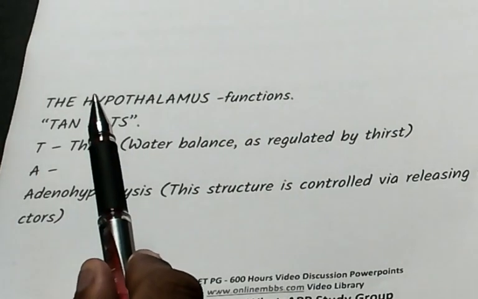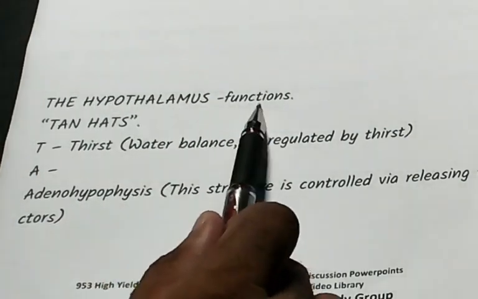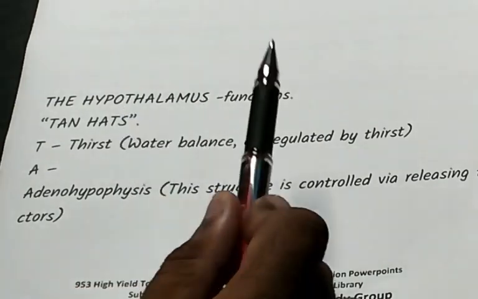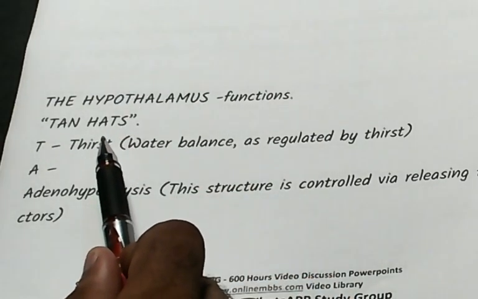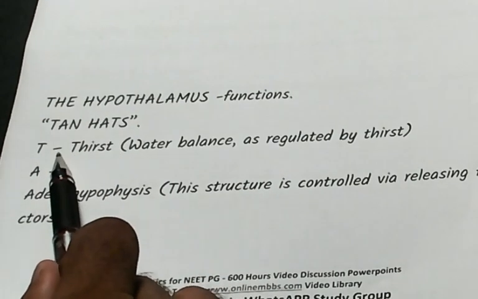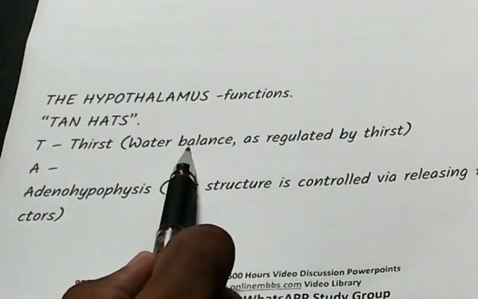Finally, doctor, hypothalamus का functions क्या है? ये भी examiner पकड़ लेगा आपको कल के एग्जाम में, फटाफट आंसर करना. Hypothalamus, TAN HATS. T for thirst, for the water balance.